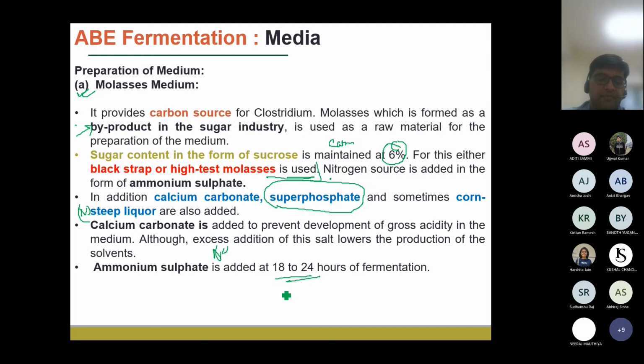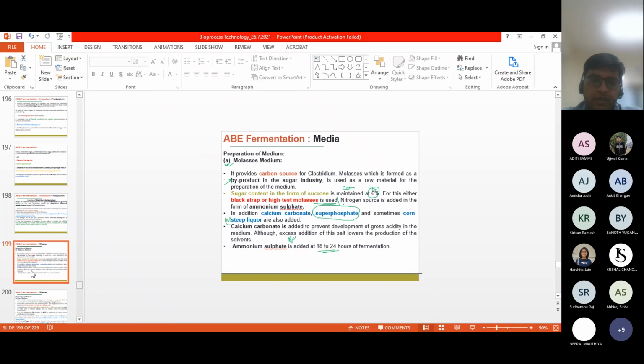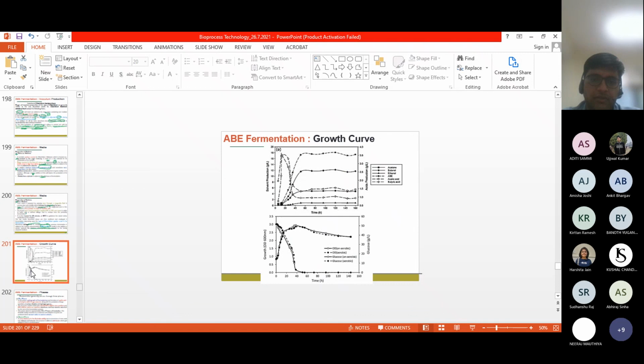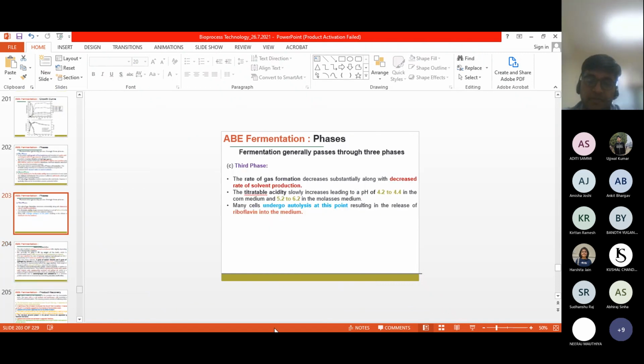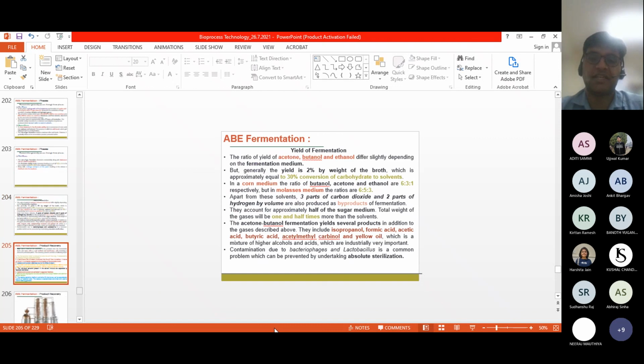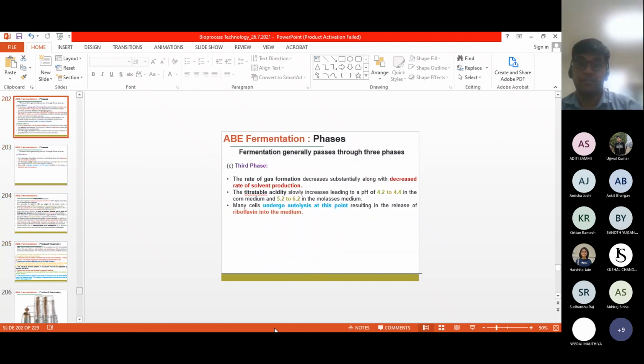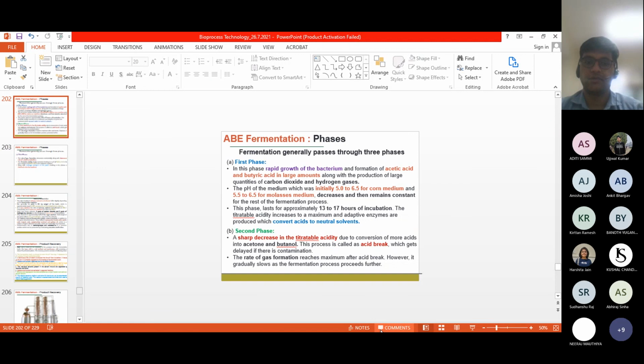If not, then we will continue our class with a discussion on the growth curve, the different phases of the fermentation, and after that we will look into the yield and how the product can be recovered after the fermentation is carried out.